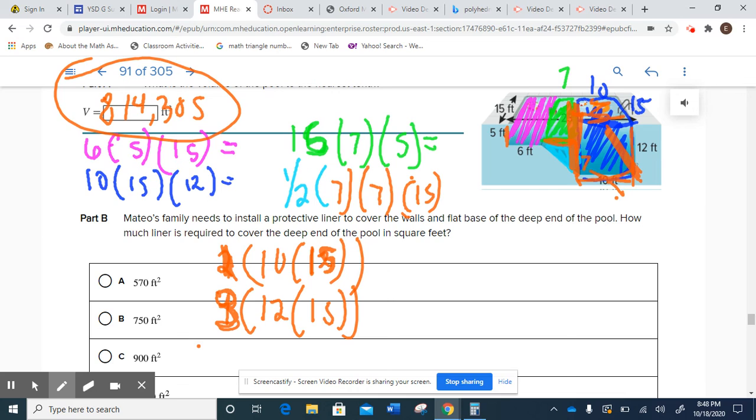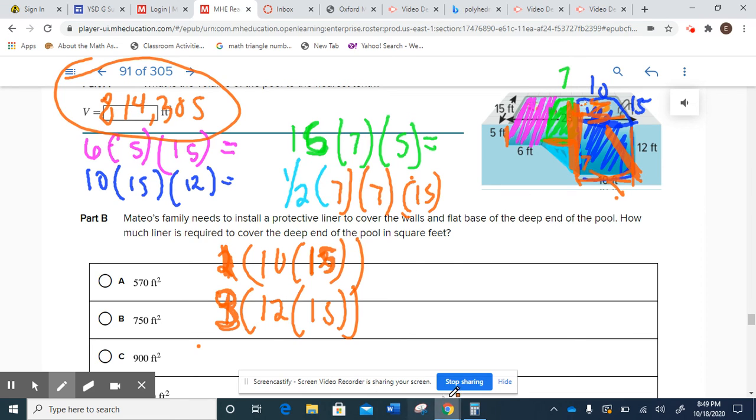And then I have 12 by 15. I have three of those. Cover the walls and the flat base. I think that's right.